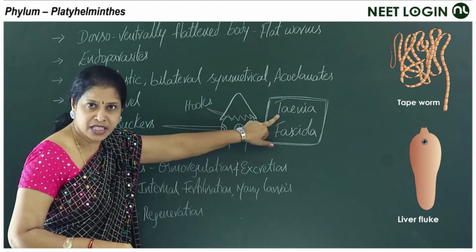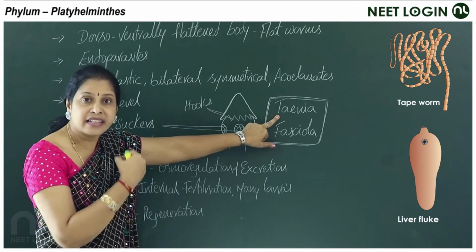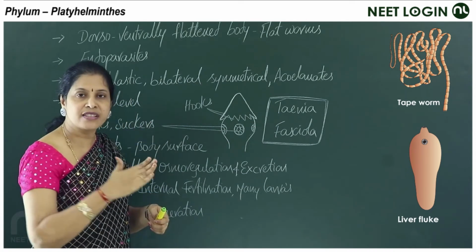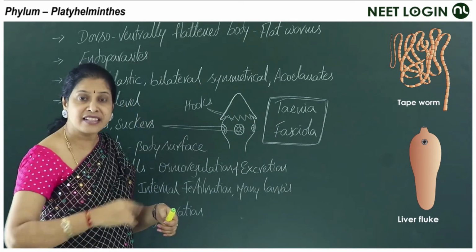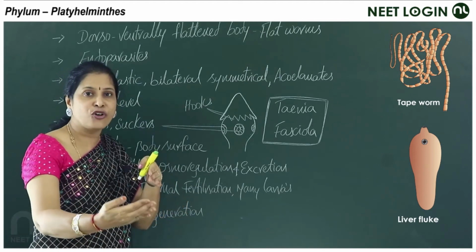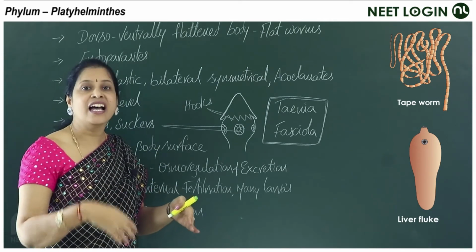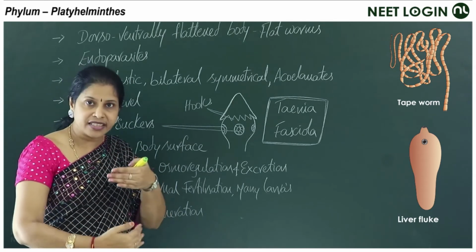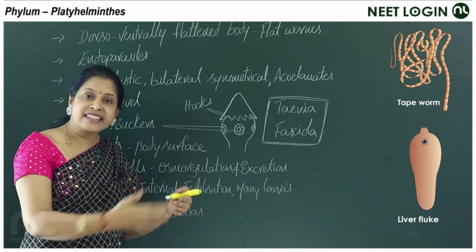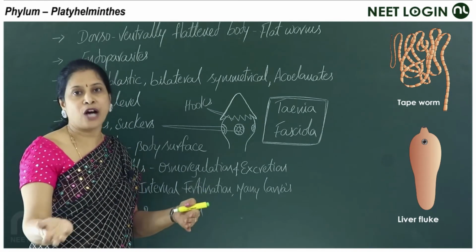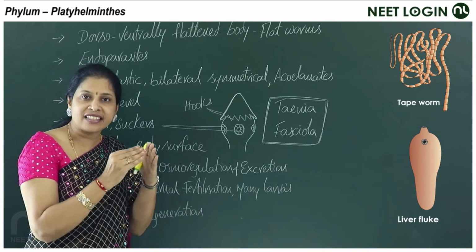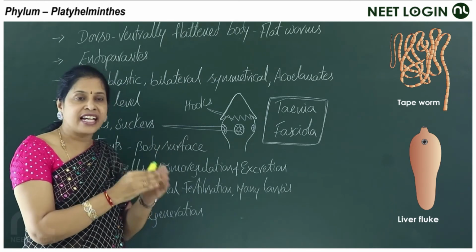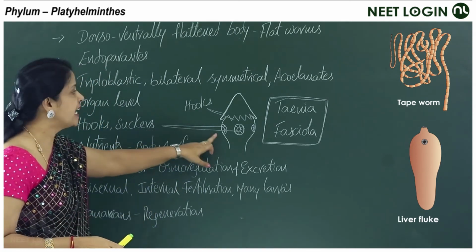Taenia solium, the tapeworm, is a gut parasite, it lives in the gut. Whenever the gut shows contractions, the peristaltic movements, there is a chance of expelling this parasite outside along with the fecal matter. In order to prevent that, they attach to the wall of the gut inside with the help of these hooks and suckers.